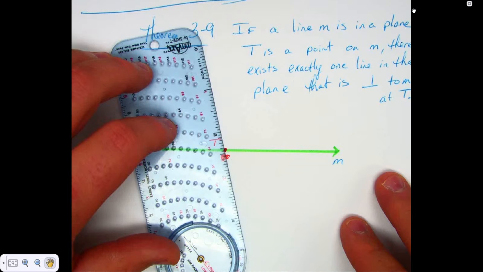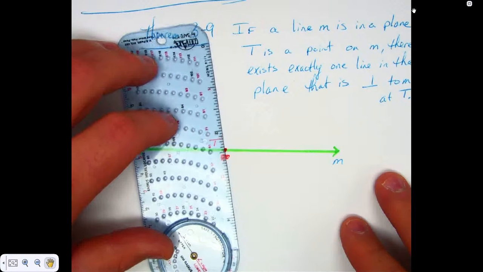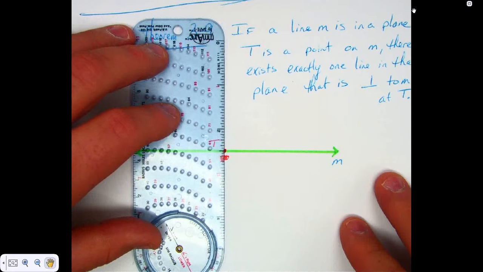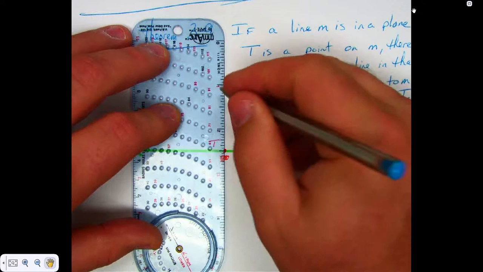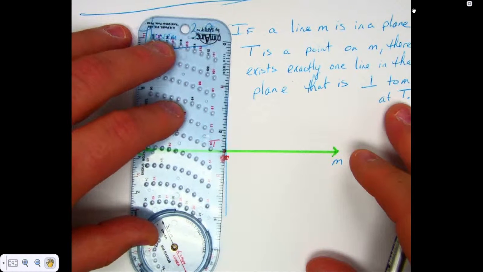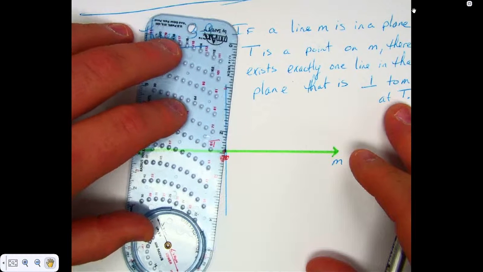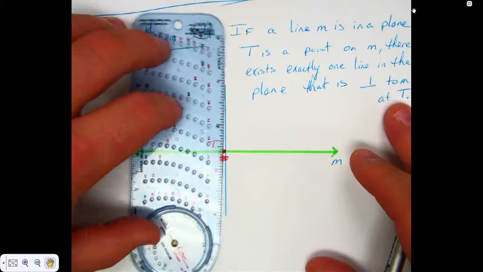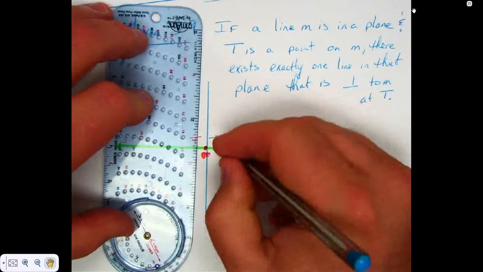If I move it a little bit, still not, but then I get to a point right there where that line is perpendicular. So I make my line. But as I move, it's not perpendicular anymore. So there is only one line that I can draw through that.